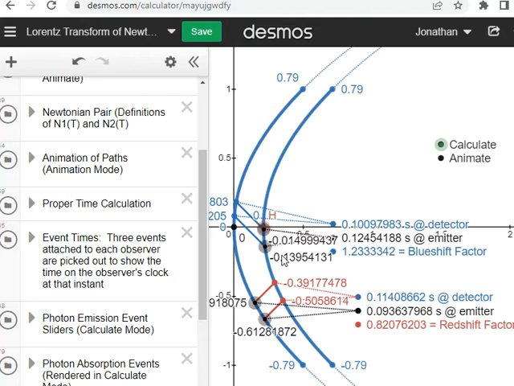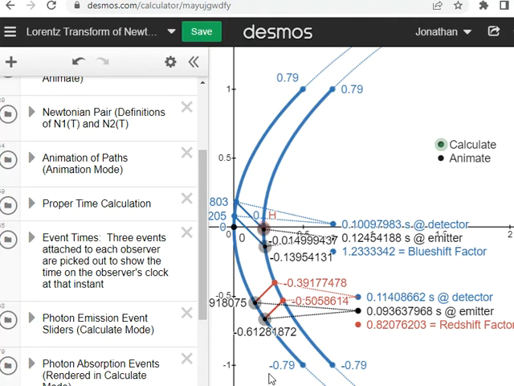And basically the explanation is that the bottom of the elevator is accelerating towards the top of the elevator, and the top of the elevator is accelerating away from the bottom of the elevator. So anyway, you get this blue shift and the red shift, and it basically means that at the top of the elevator, time is going faster than at the bottom of the elevator.